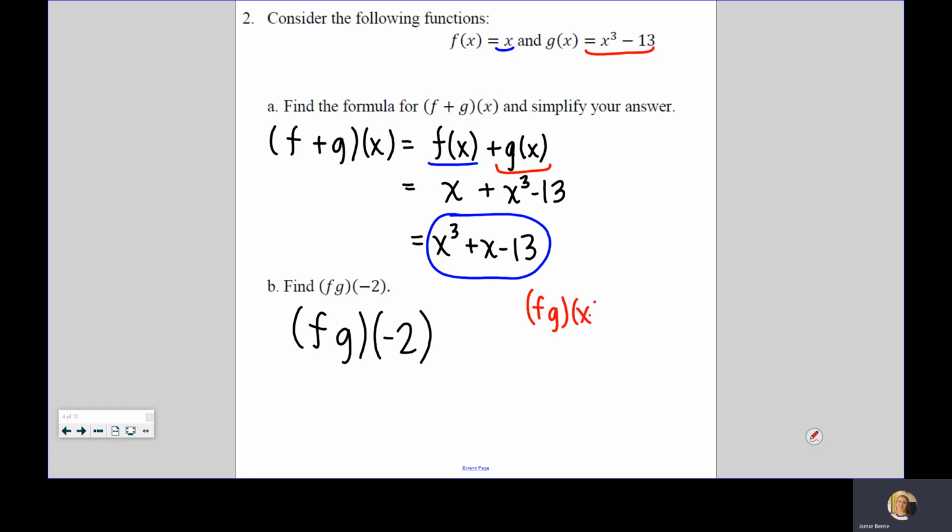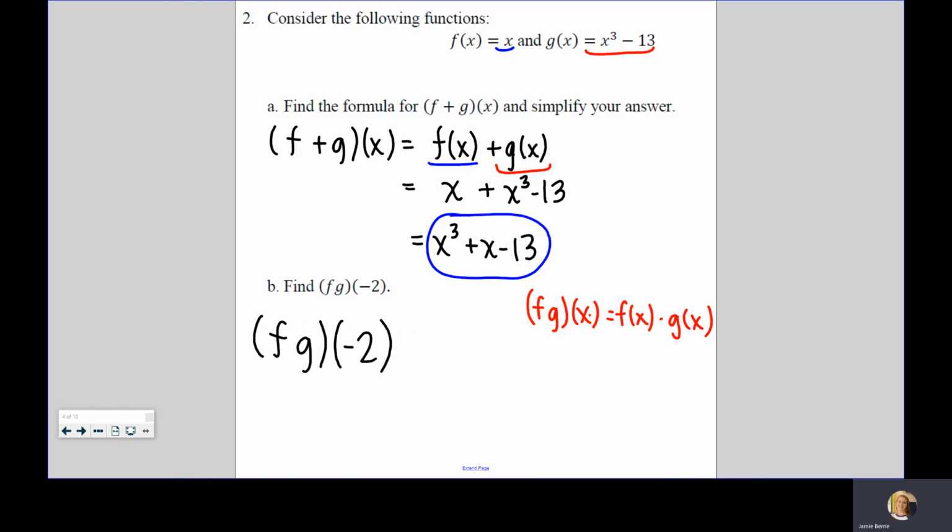F times g of x is f of x times g of x. We're going to be using that same rule. It's just that x is getting replaced by a number. So we're going to do the same thing. We'll have f of negative 2 times g of negative 2.